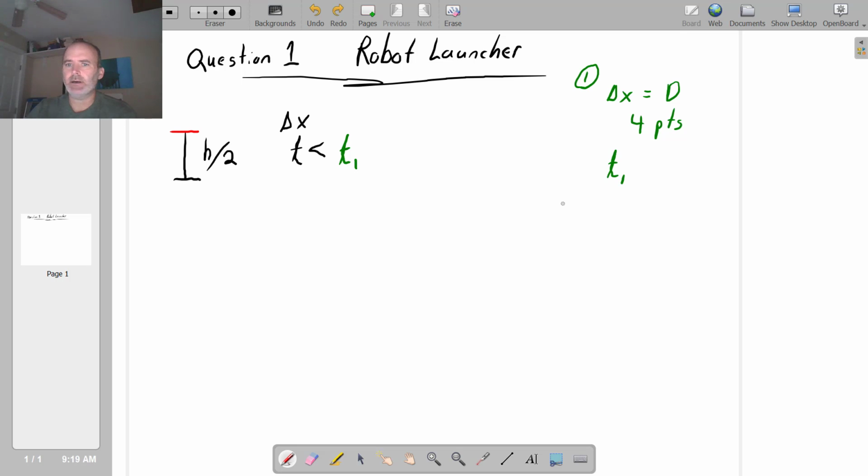So I need to know a kinematic equation, and this kinematic equation that I'm going to use, usually we use delta x, but since this is in the y direction, I'm going to use delta y is equal to v0y t minus 1 half g t squared.